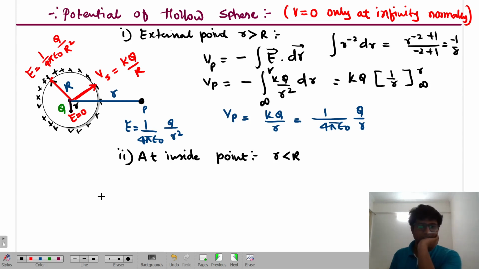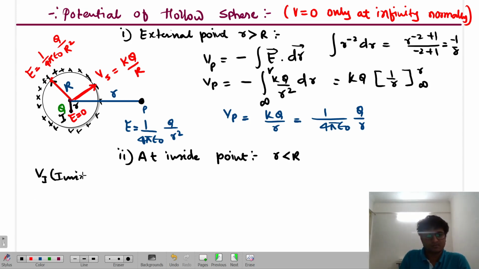So look over here at inside point. If I want to find potential at, let's suppose I call this point I. ठीक है? Potential at point I, which is inside point. Now try to see. My electric field was varying as 1 by r square till the surface, and inside it is 0 or not. So I have two kinds of electric field, isn't it?